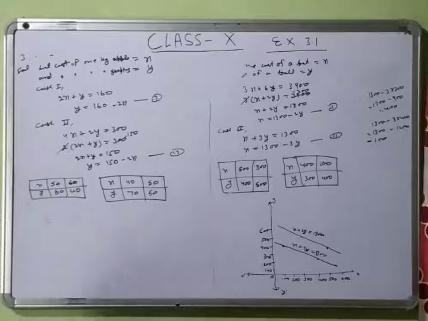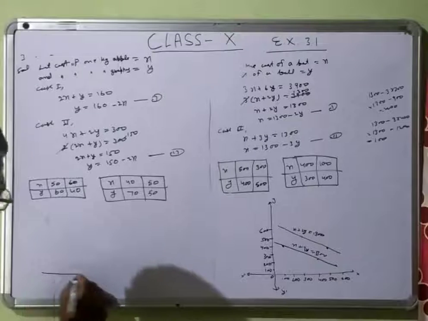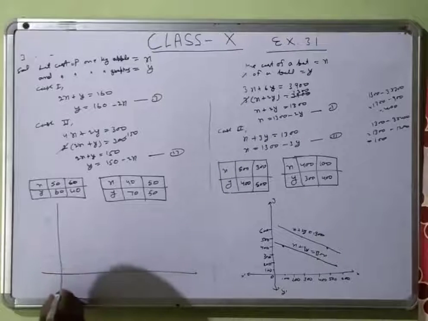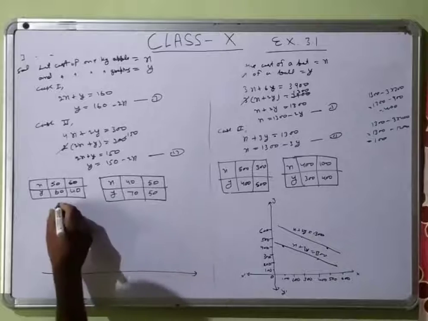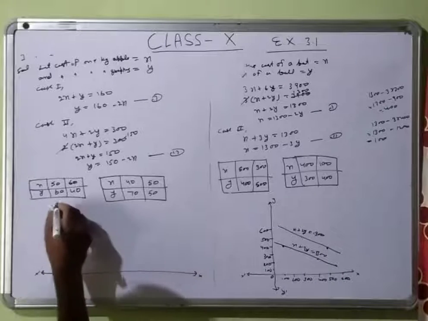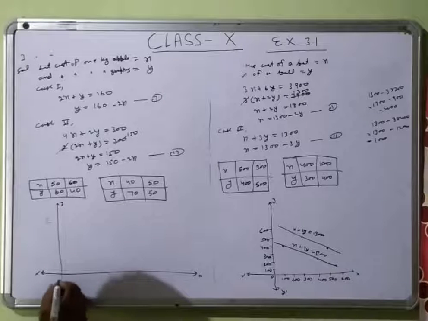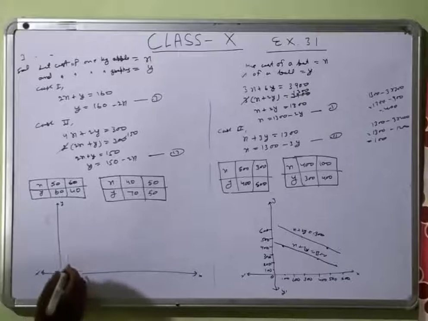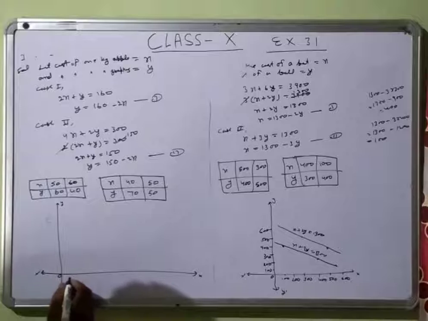Now the graph. That is the x-axis, y-axis, 0. Now x is maximum 60.